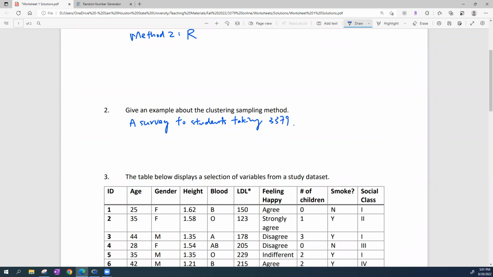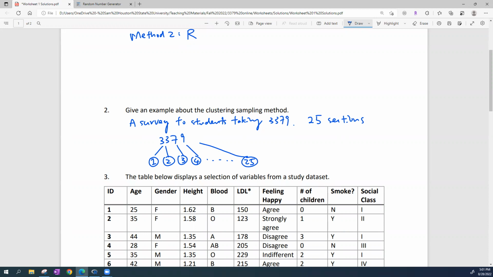So let's say we have 25 sections. Then each section can be a cluster. So we have 3379, and then section 1, section 2, 3, 4, up to the 25th section.